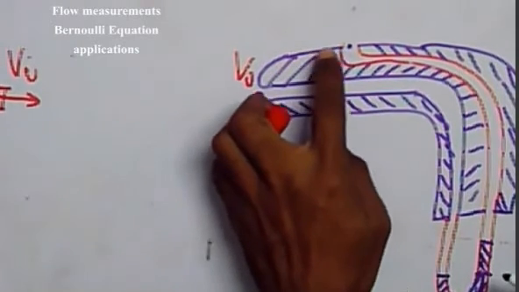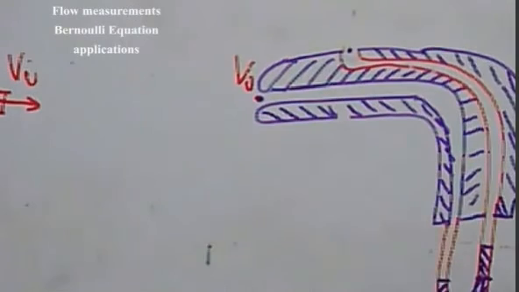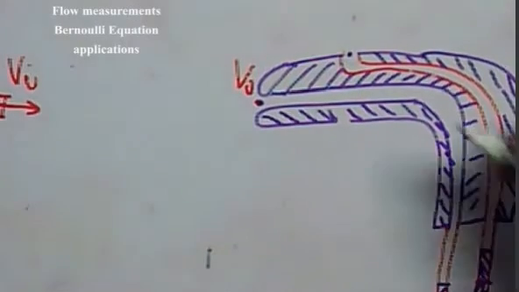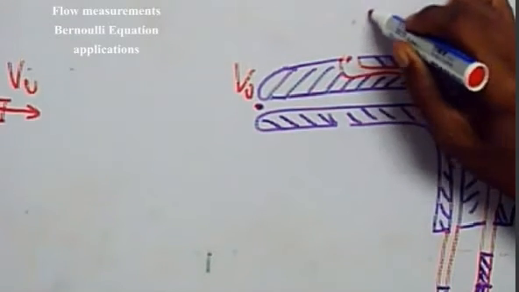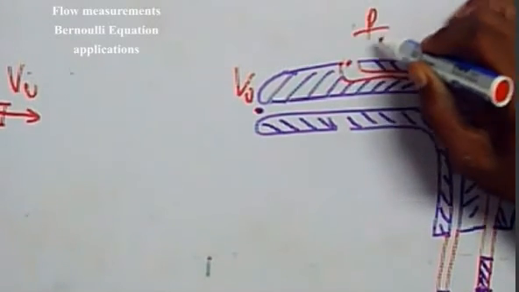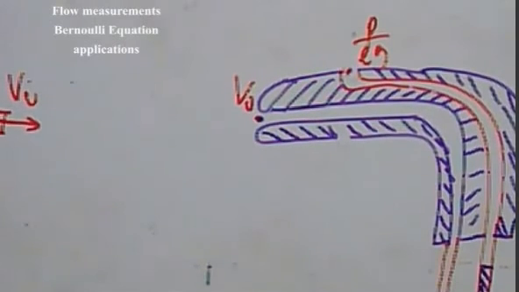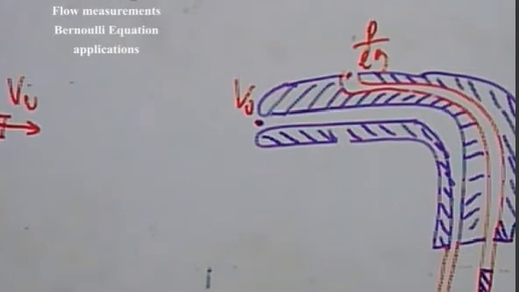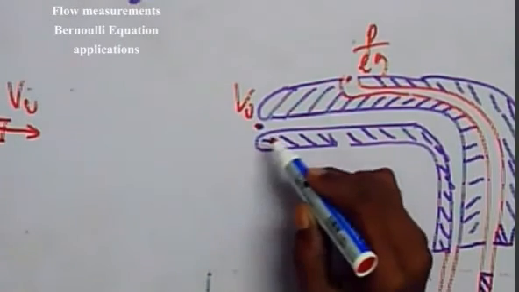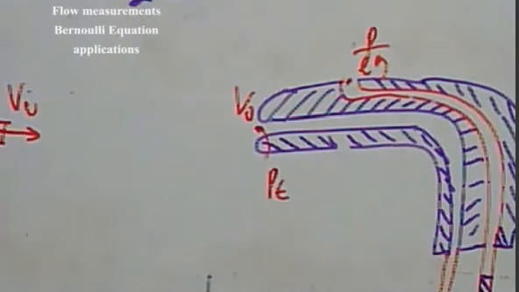Here, because the fluid is attached to the wall, as I mentioned before, we have this P here, which is equal to rho g h. This is the static pressure, and the pressure here is P total, the stagnation pressure.